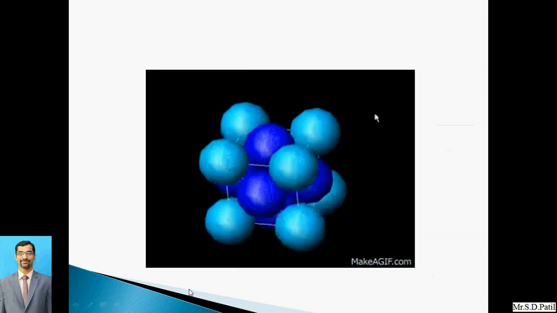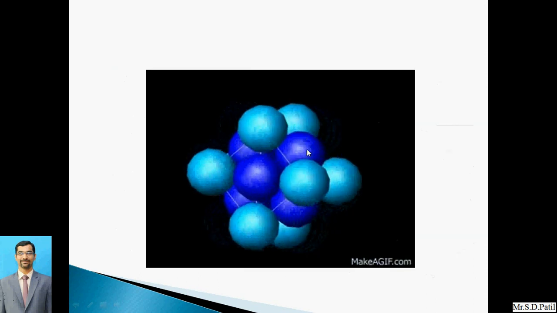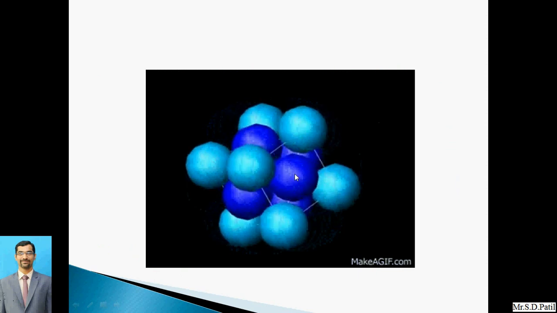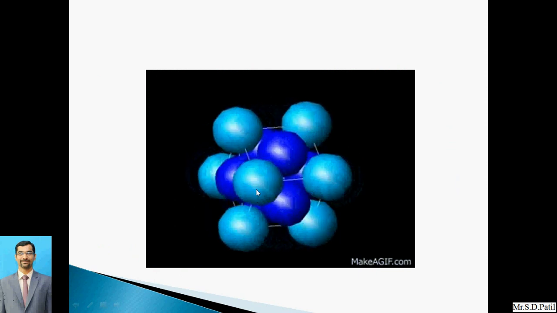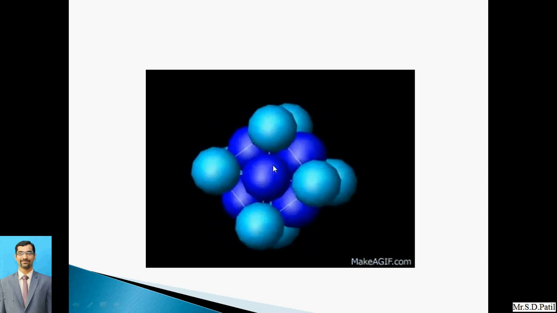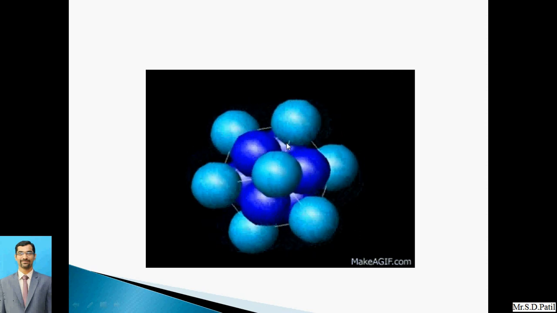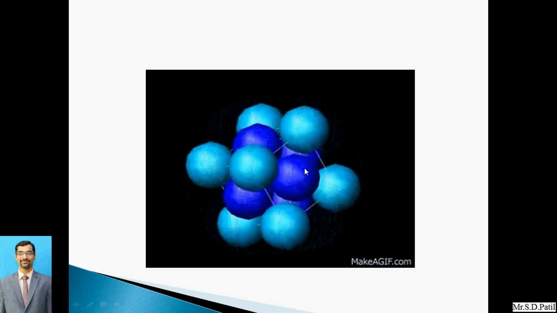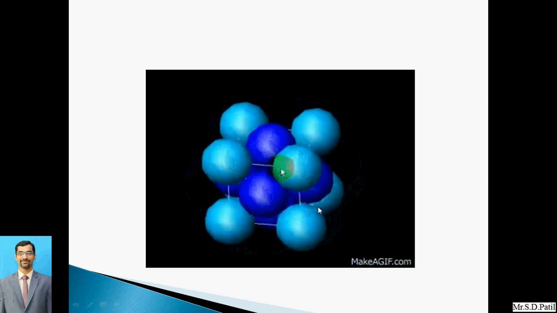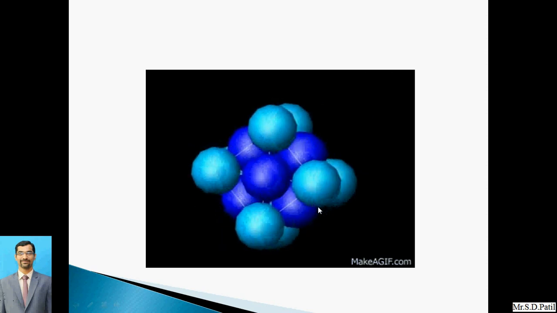So in this animation it is clear: 1, 2, 3, 4, 5 and 6. At the corners there are 8 atoms, and on the faces you can see the 6 balls. These balls are nothing but the atoms.